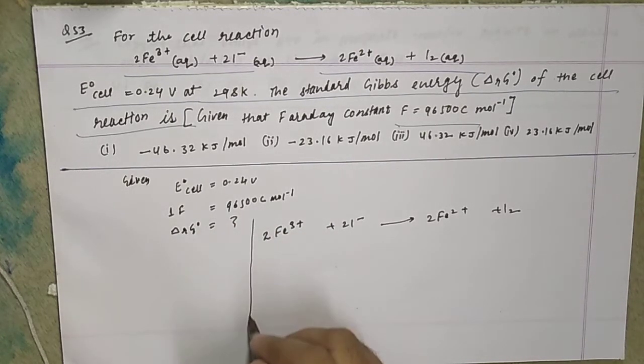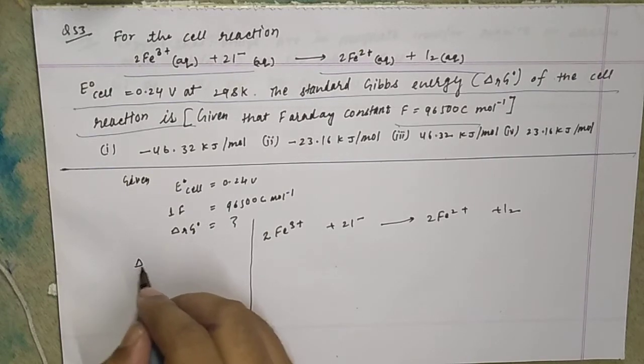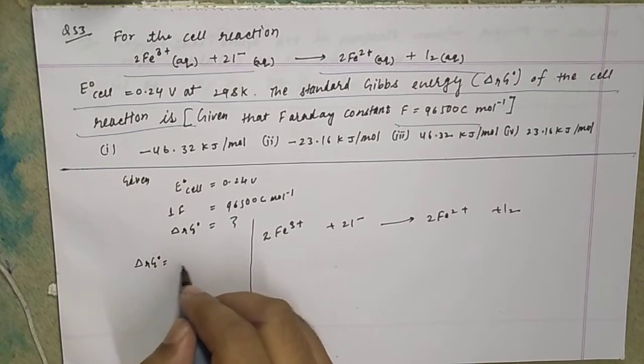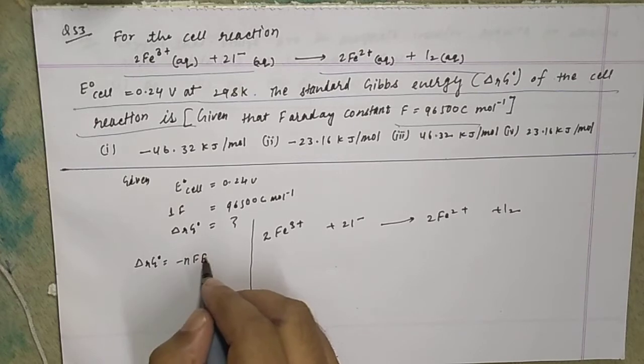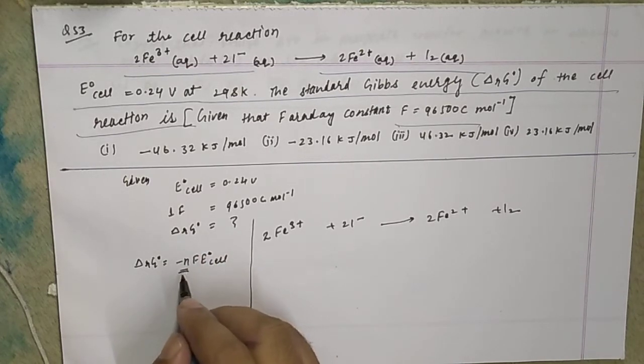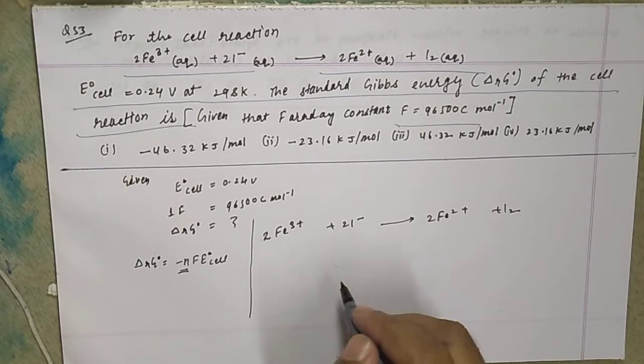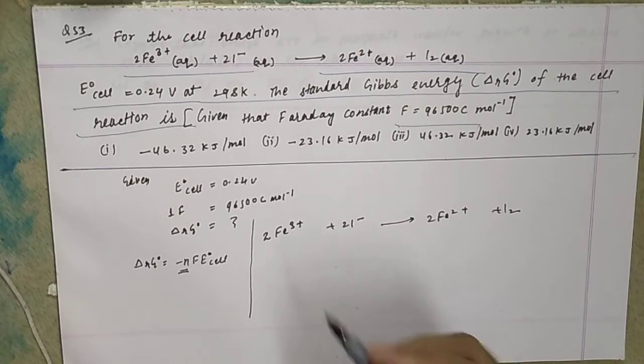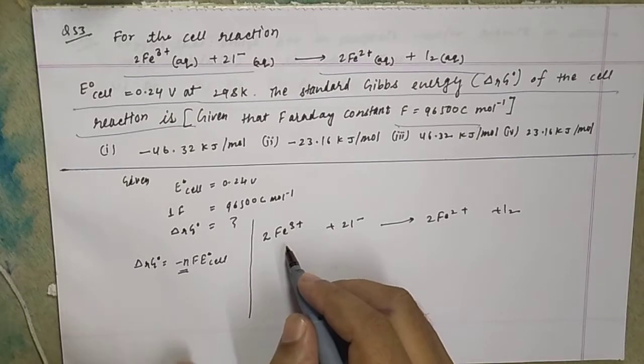The formula we know is delta r G naught equals minus n F E naught cell. So everything is given, only n is needed. They are asking if you know how many electrons are involved or not.